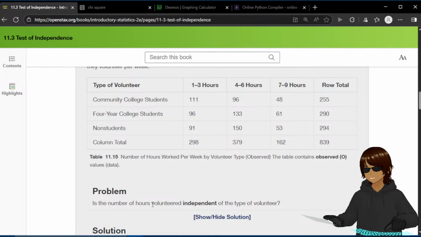Is the number of hours volunteered independent of the type of volunteer?